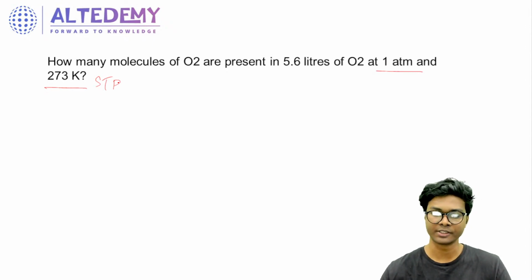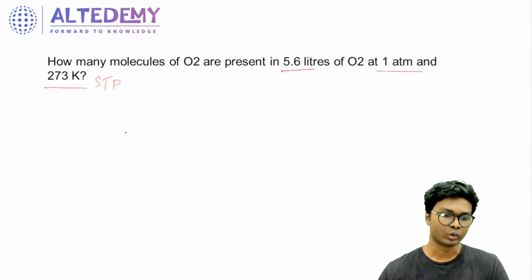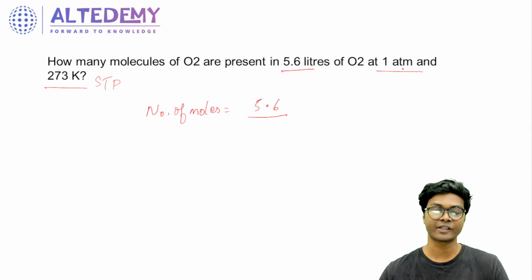And the given volume is 5.6. We'll have to first of all find the number of moles. So the number of moles is equal to the given volume, 5.6 liters, and since 1 atmospheric pressure is given, we'll divide it by 22.4.